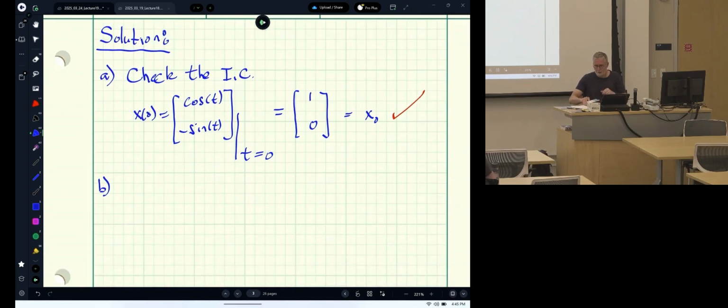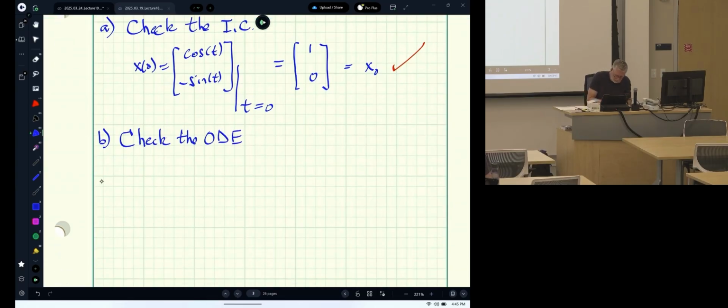B, does it satisfy the ODE? Well, it has a left-hand side.